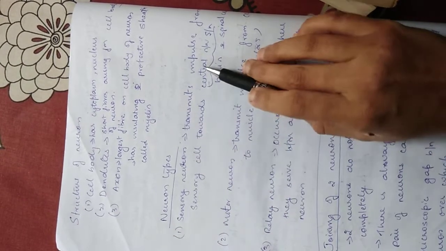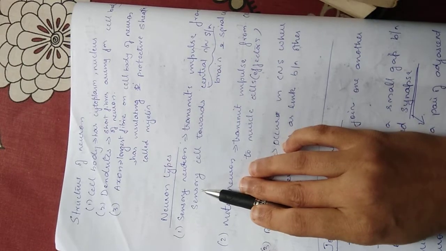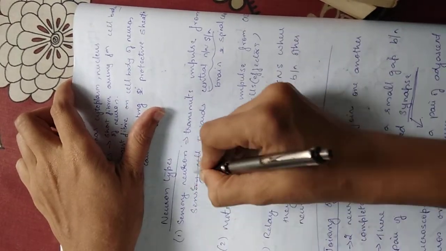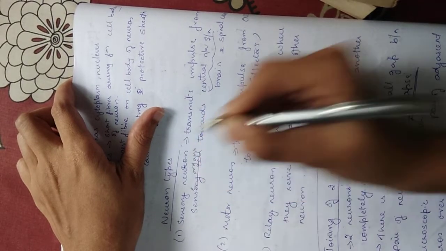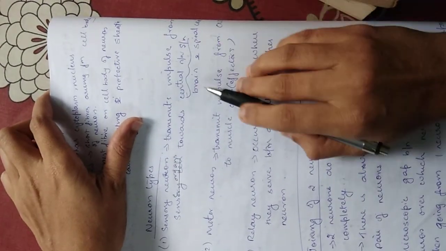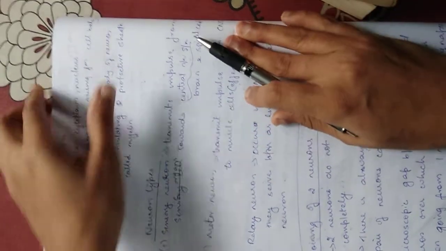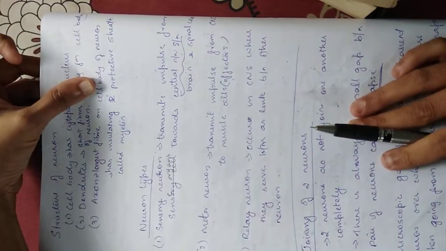Those neurons which transmit impulses from the sense organs towards the central nervous system are sensory neurons. Central nervous system means brain or spinal cord. So brain and spinal cord together form the central nervous system.